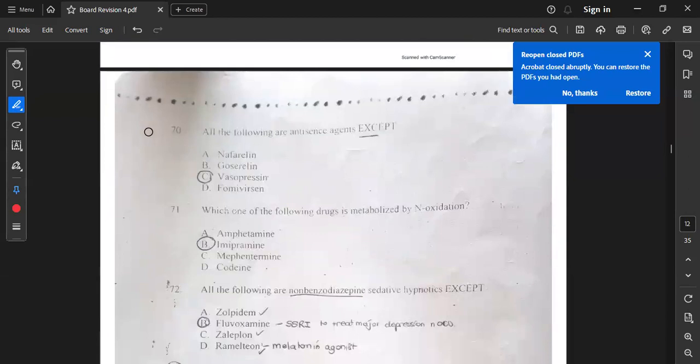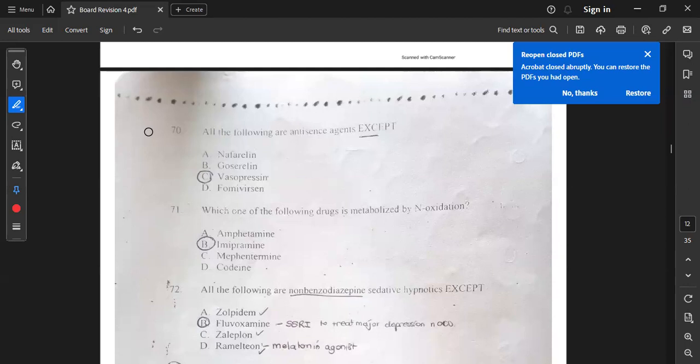On to the next question: all of the following are antisense agents except. I can see there's some discussion in the chat. One is asking about oxygen being highly electronegative.